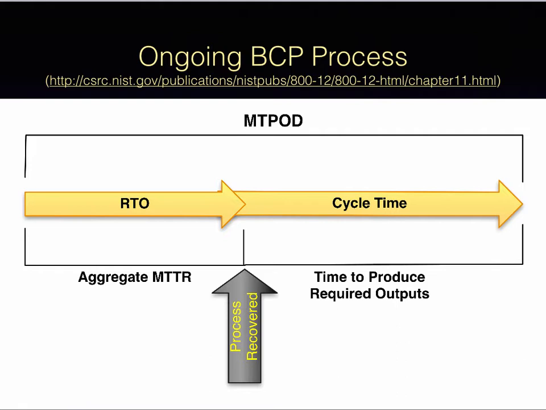So the recovery time plus that cycle time to get back to the point of failure is your maximum period of tolerable downtime. It's not just the downtime of the server or the switch. It's the downtime of replacing the switch, replacing the server, rebuilding the server, plus the cycle time of getting back to the point of failure.